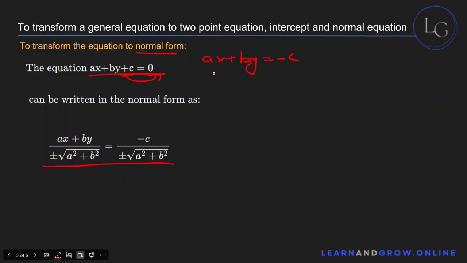And then you need to take just the magnitude of this a and this b, and that will become the square root of a square plus b square. And when you have this, you just divide it on both the right hand side and the left hand side of the equation, and then you'll have the normal form.